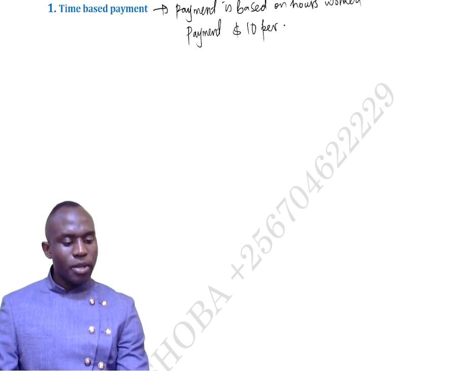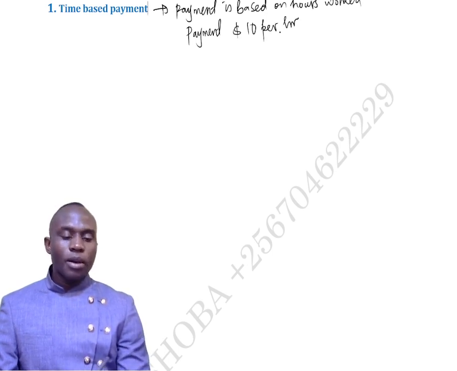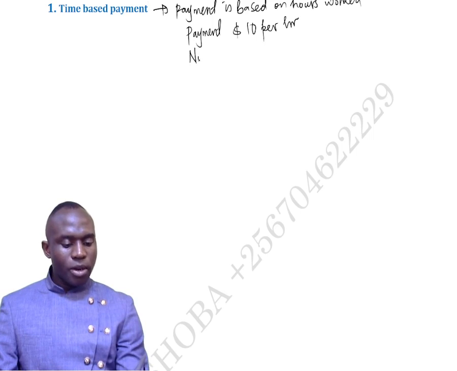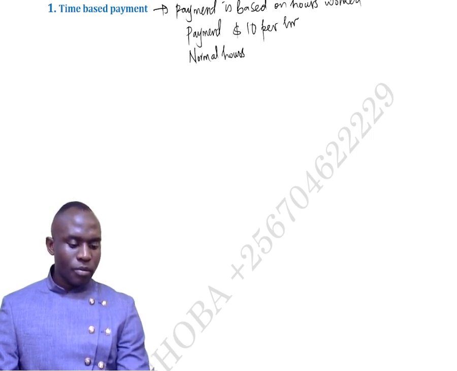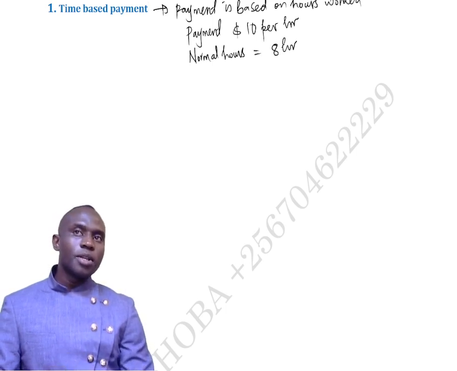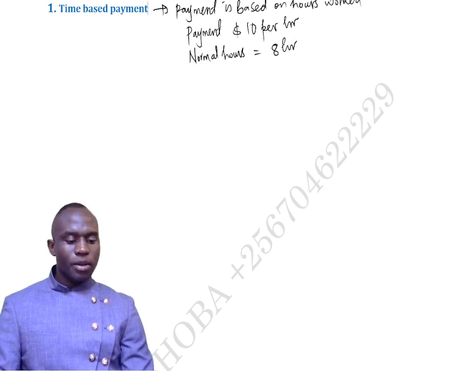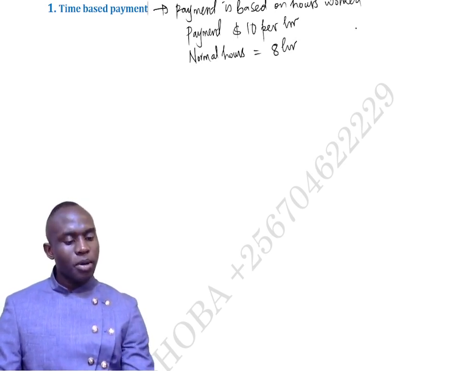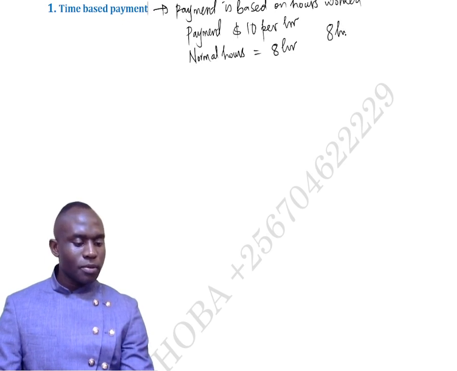So the normal working hours are 8 hours. Now it means in any one day, that person will be paid a maximum of $80, which is 8 hours times the 10. So total payment in any one day would be $80.